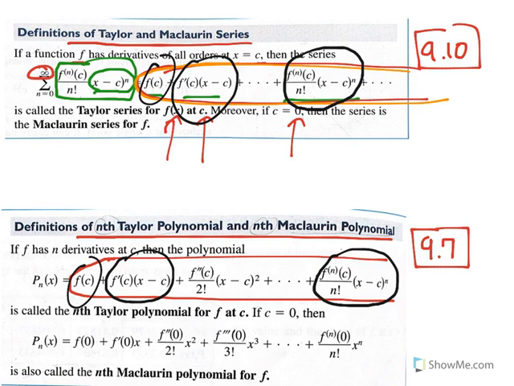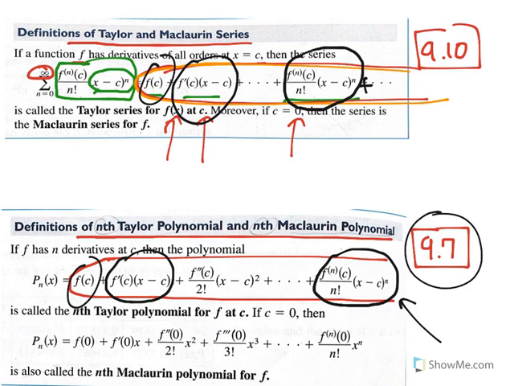And as I said before, the difference is that in section 9.7, this is where it stopped. It was an nth degree Taylor polynomial approximation for the function f centered at c, but in section 9.10, it keeps going forever.